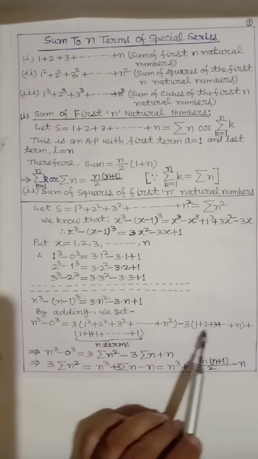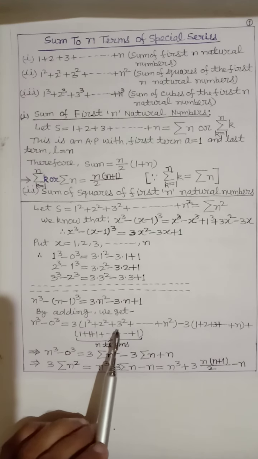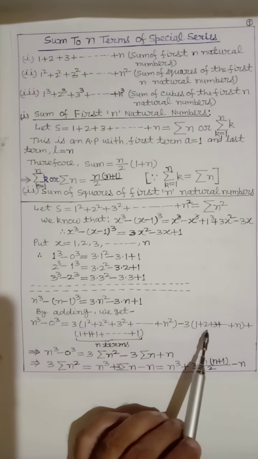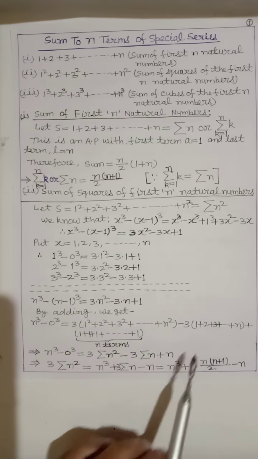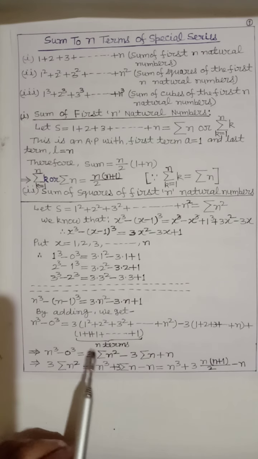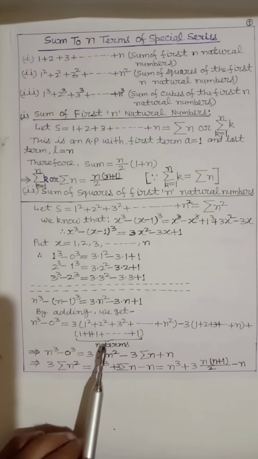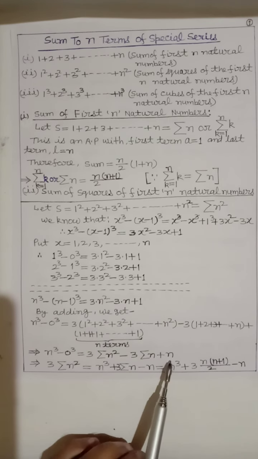This is the sum of n terms, and here the sum of the squares of the first n natural numbers, and this is 1 plus 2 plus 3 and so on, the sum of the first n natural numbers, and this can be written as 3 summation n square minus 3 summation n, and here 1 plus 1 plus and so on plus 1 up to n times, so the sum of this is n.